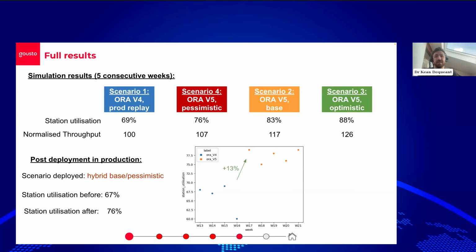We got a 13% improvement in station utilization, which also translated into throughput, and basically into cost of the factory, with a single software release. That really consolidated the fact that simulation as part of operations is groundbreaking to improve the performance of your assets.